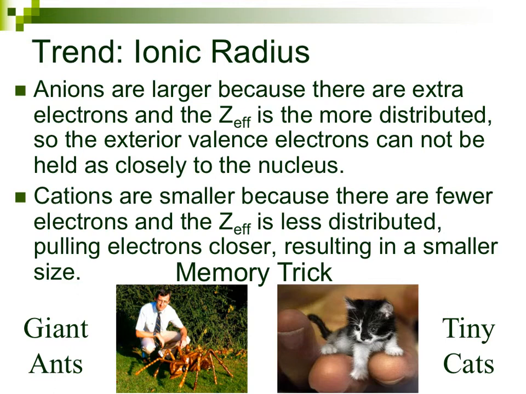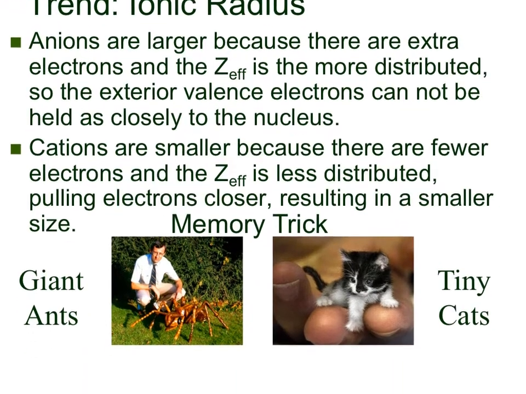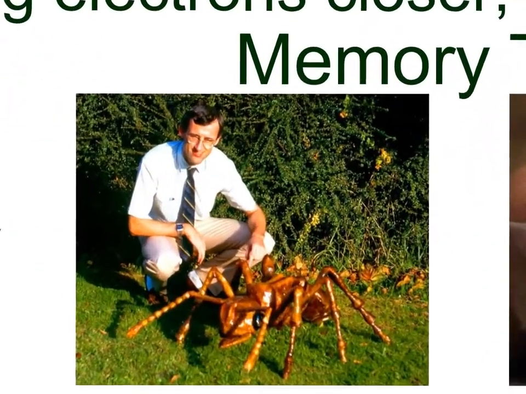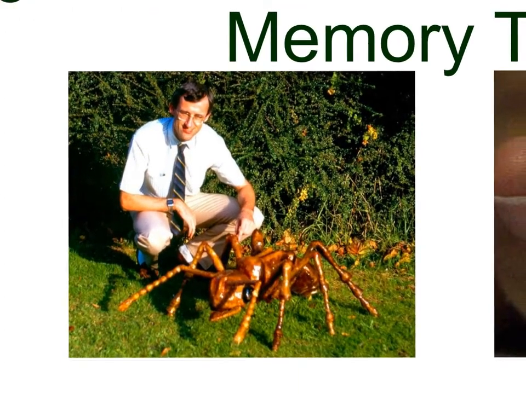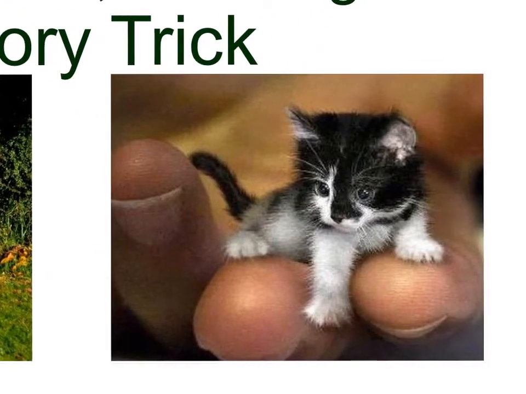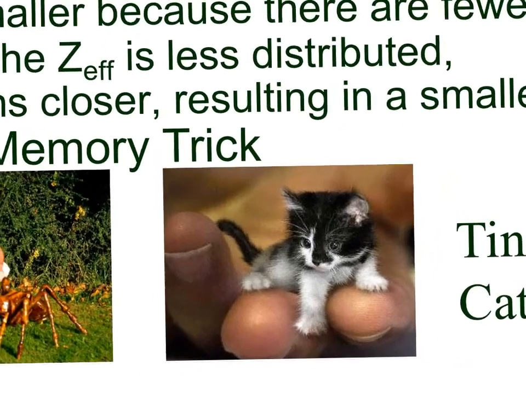A quick way to remember this, especially about the anions and cations, is a goofy little memory trick where we talk about giant ants. So anions could be thought of as ants, giant anions, they get larger, giant ants. And then cations, which are the positive ions, will be tiny. So those are fingers holding up a tiny little cat.